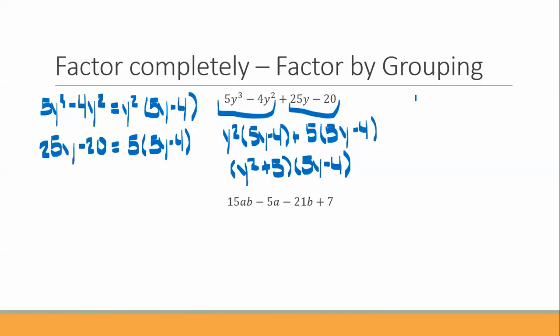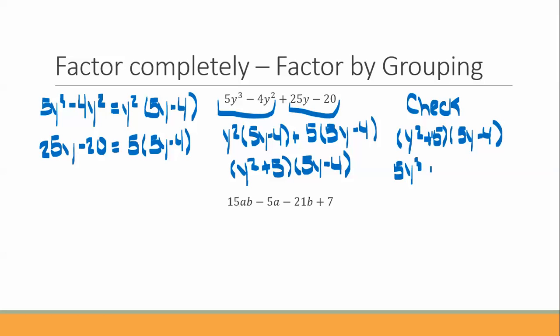Checking our answer. We have y squared plus 5 times 5y minus 4. We get y squared times 5y is 5y cubed.